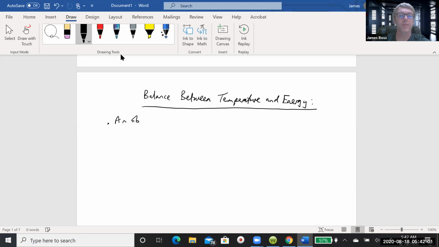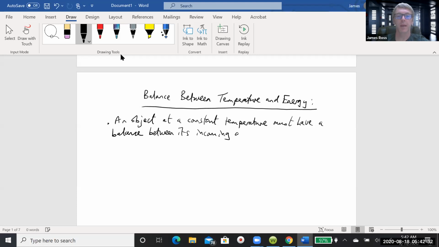So an object at a constant temperature must have a balance between its incoming and outgoing energies.